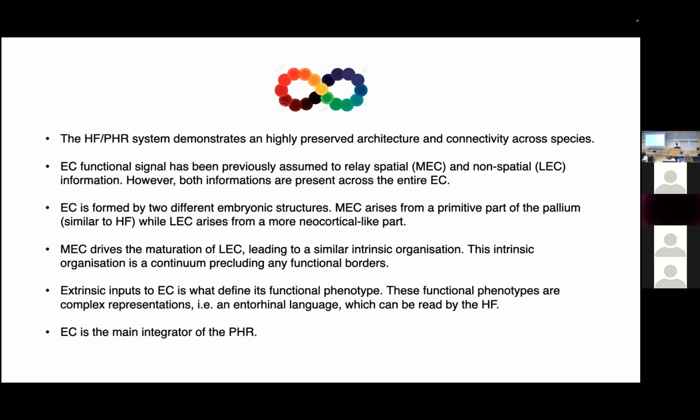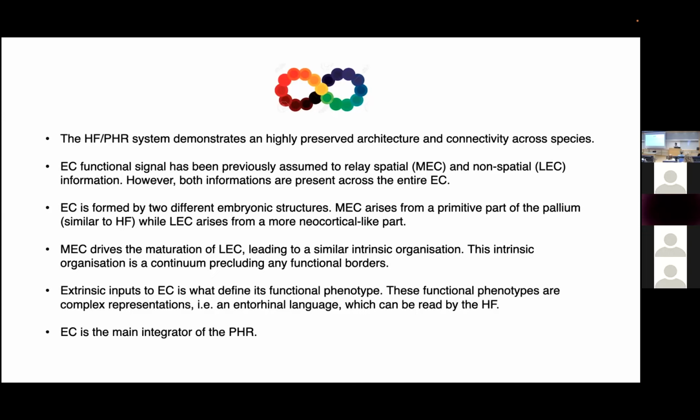So the entorhinal cortex is not part of the hippocampal formation. I hope you will agree with me that the entorhinal cortex is the main integrator of the parahippocampal region, which does not conflict with the subiculum being part of the hippocampal formation. But basically, the role of the entorhinal cortex seems to be this interface between the hippocampal formation and the rest of the neocortex.